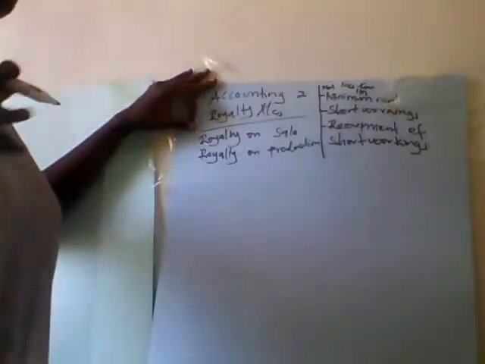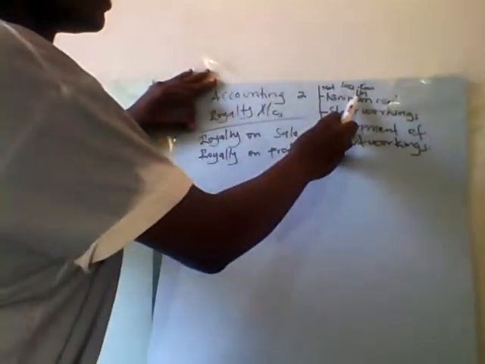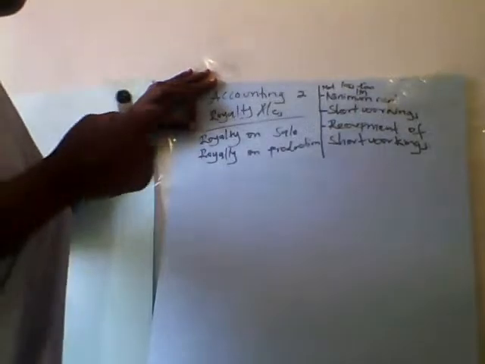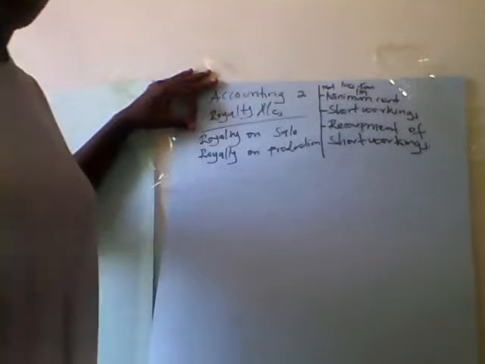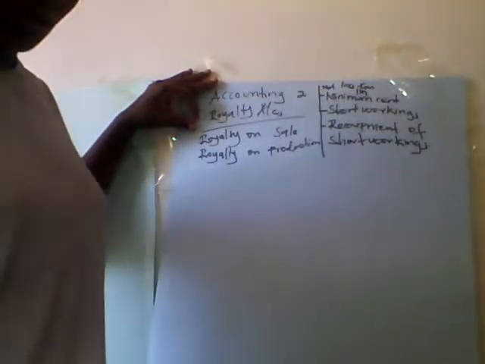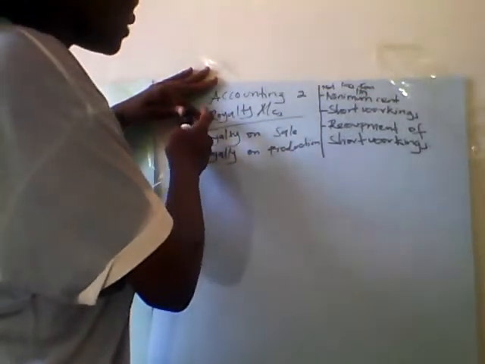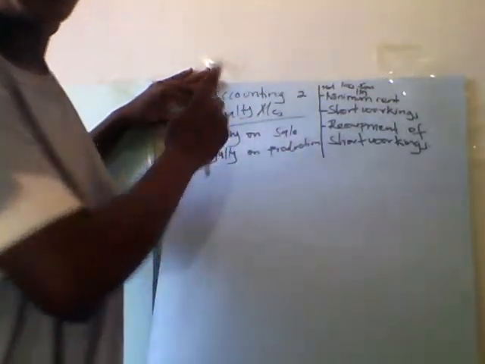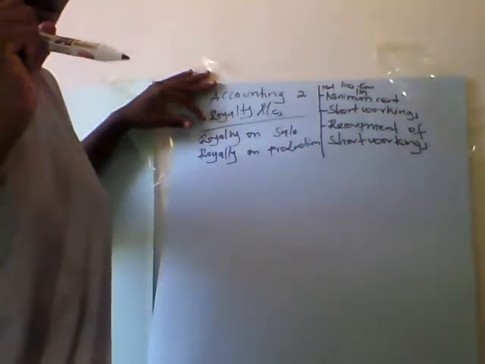Even though what you made from the sales or from production is less than 1M, you cannot give them any amount that is less than 1M. So minimum rent is the minimum amount that you can give to the landlord.